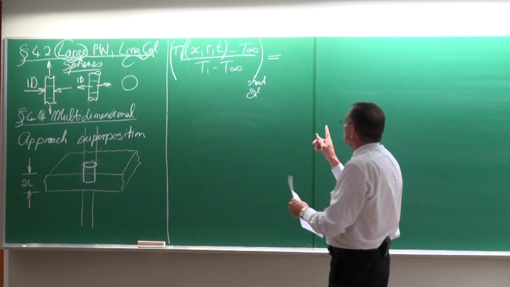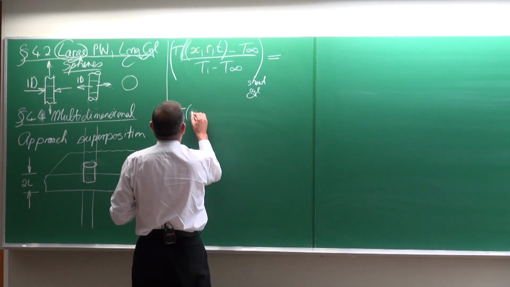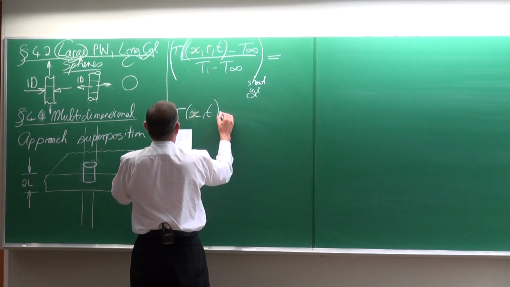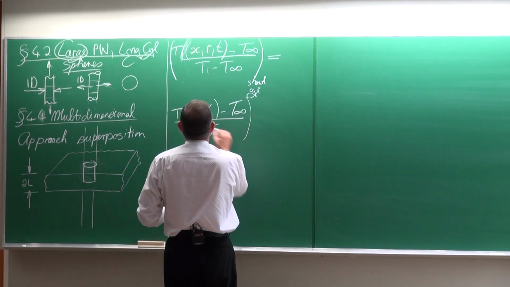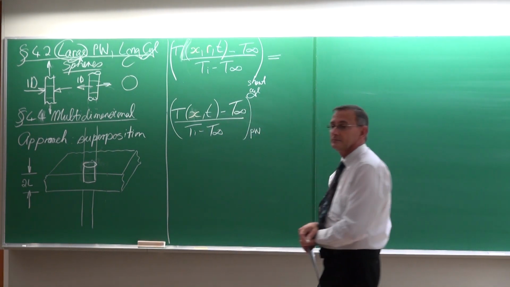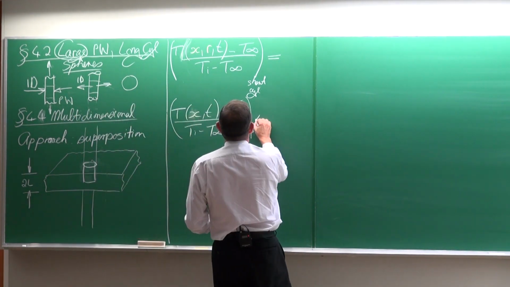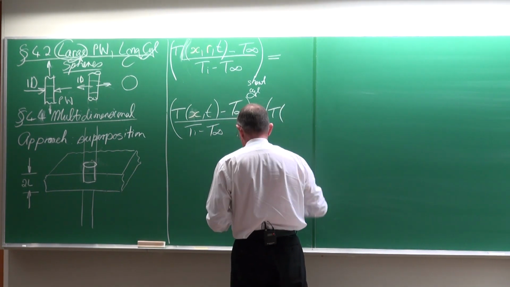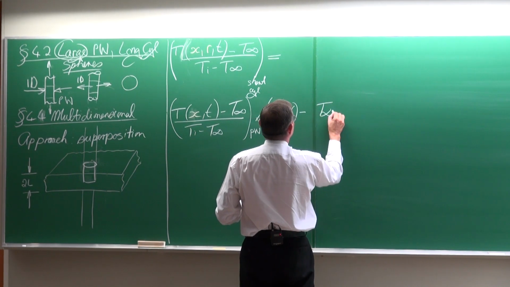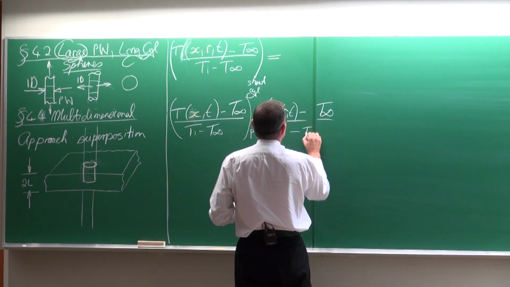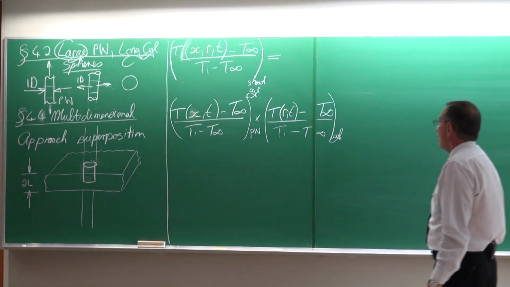And that solution for the short cylinder would be the solution, the temperature of x,t minus T infinity divided by Ti minus T infinity of the plane wall, PW, plane wall, multiplied by the temperature distribution, which was previously a function of r, also T minus T infinity divided by Ti minus T infinity of the infinite cylinder, the long cylinder.